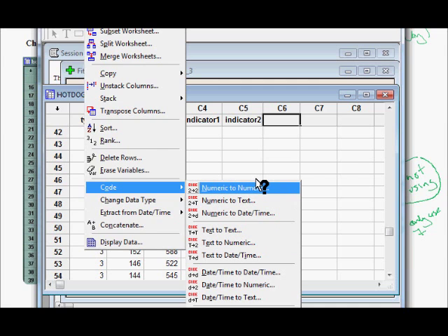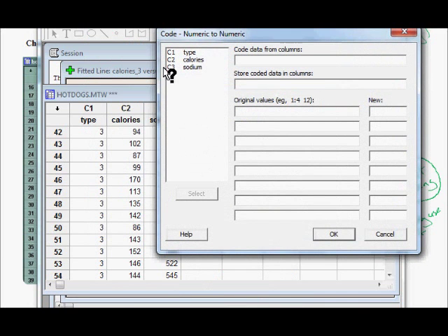But here, since they're 1, 2, and 3, I do numeric to numeric. So I'm going to take the types, store them in indicator 1. And I said first we want to take the 1s, the beefs, and make them 0s. I want to take the 2s and 3s and change them to 1s.